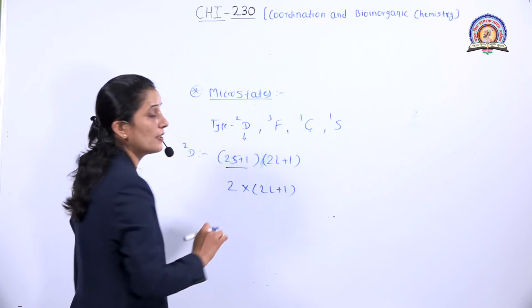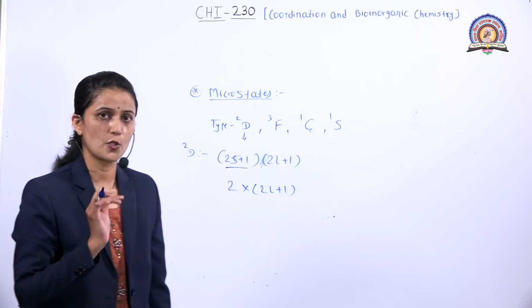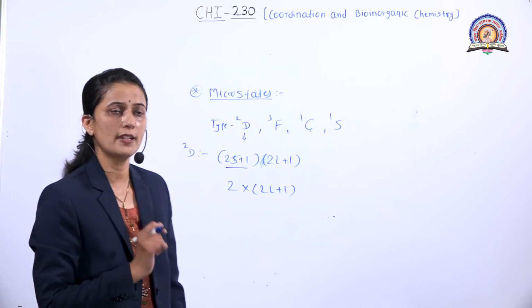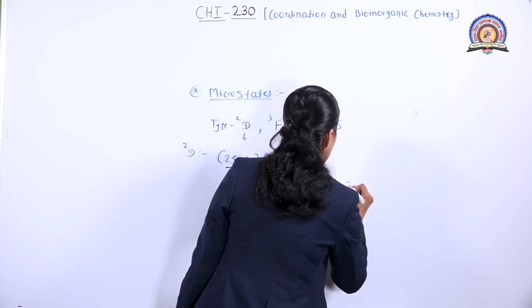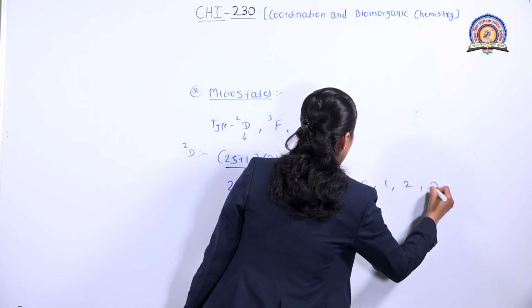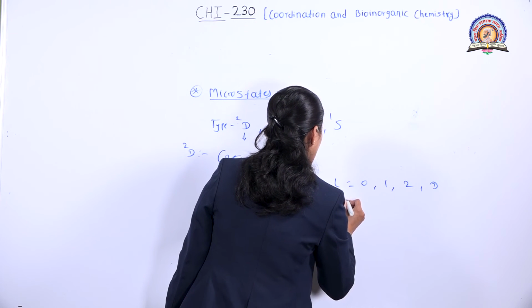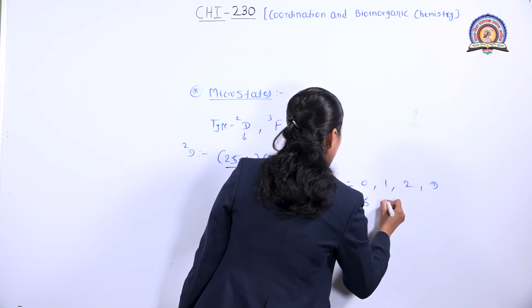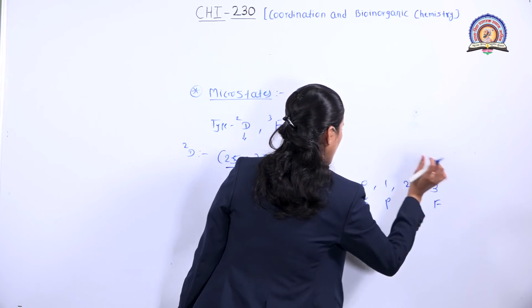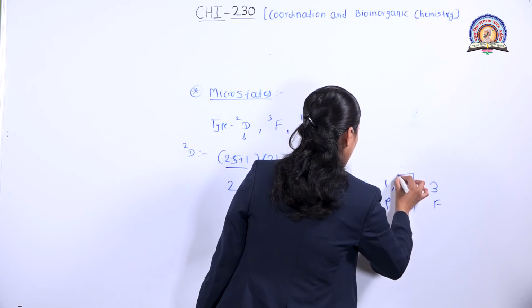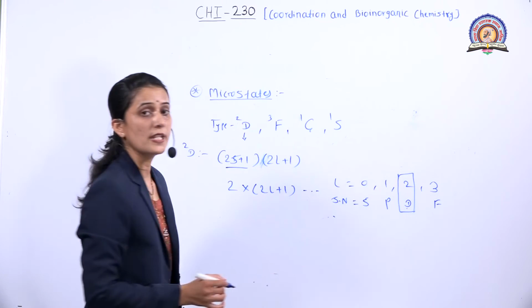Now we have to calculate the L value for the D spectroscopic term. We know that L is equal to 0, 1, 2, 3, and the spectroscopic notations are S, P, D, F. For D, the L value is 2.